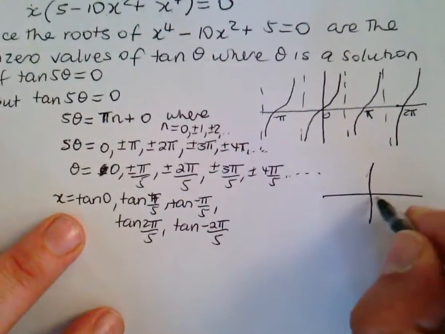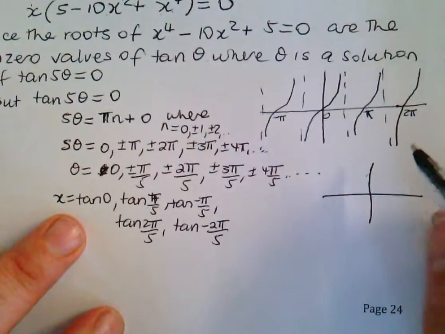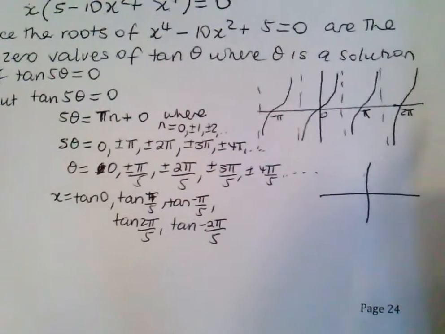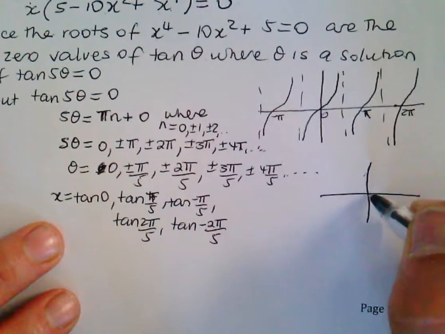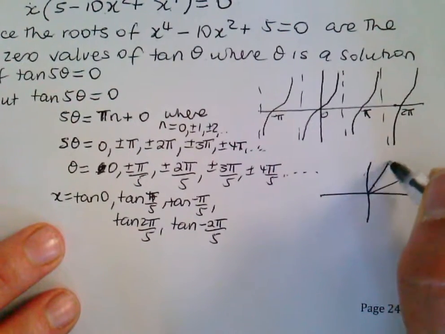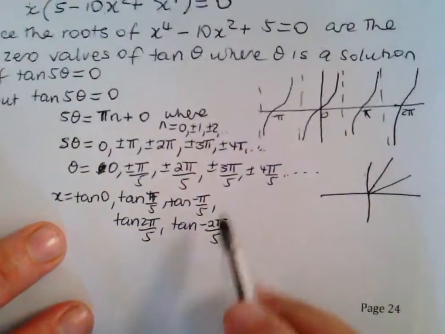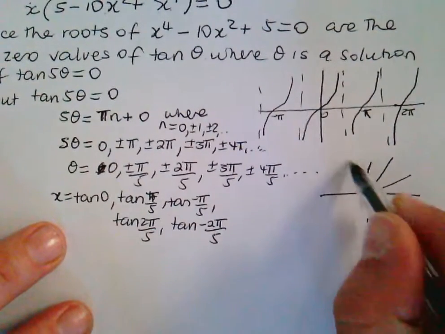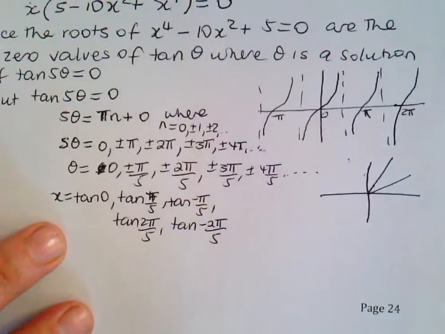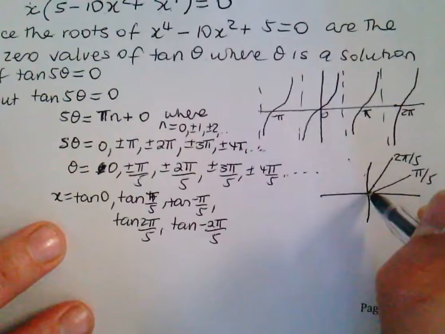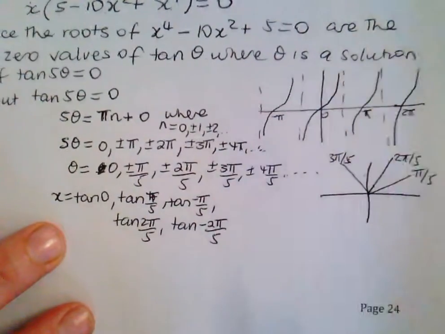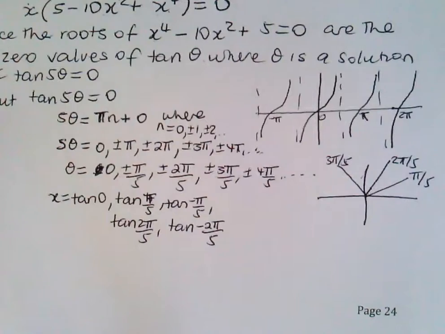So tan of 0, fine. Tan of pi on 5 is in quadrant 1. Tan of 2 pi on 5, quadrant 1, right? If I did do tan of 3 pi on 5, that's in quadrant 2, which I need to represent as a quadrant 1 or 4 angle, which are acute angles.